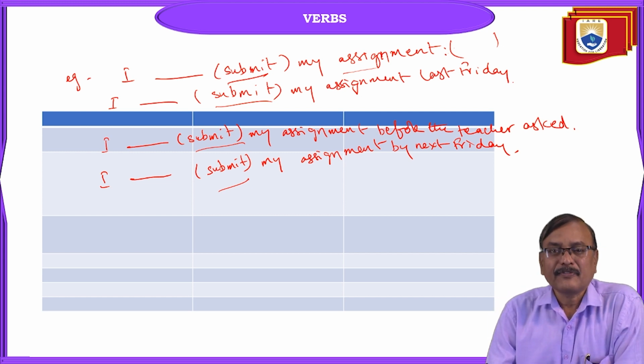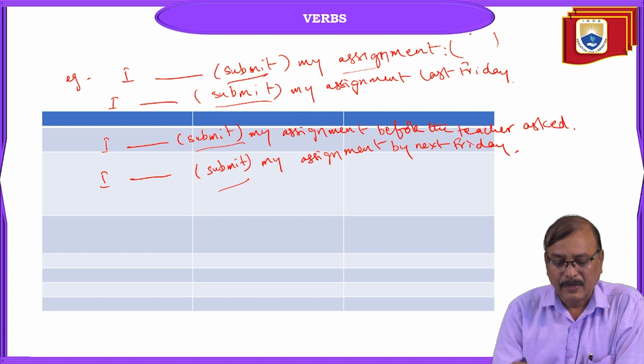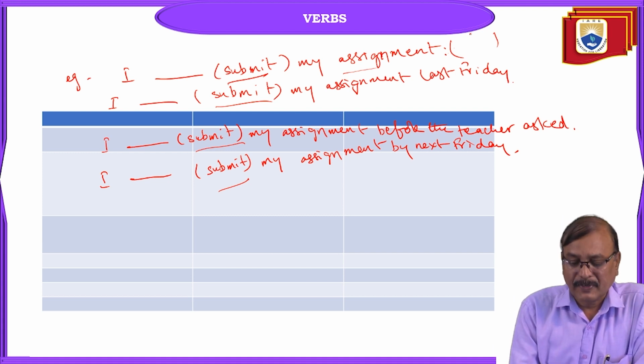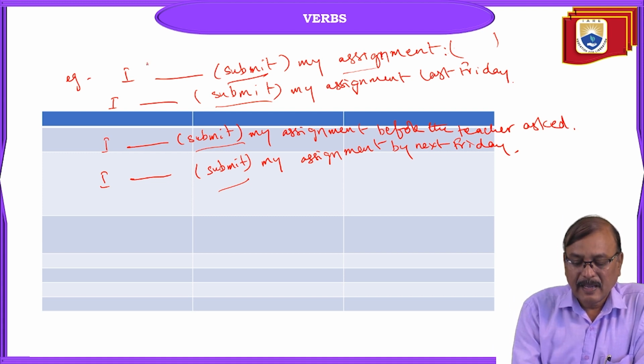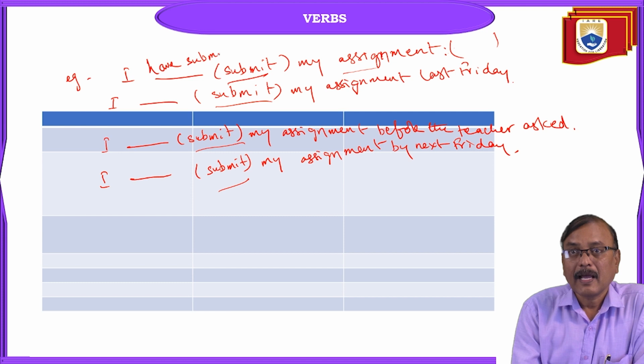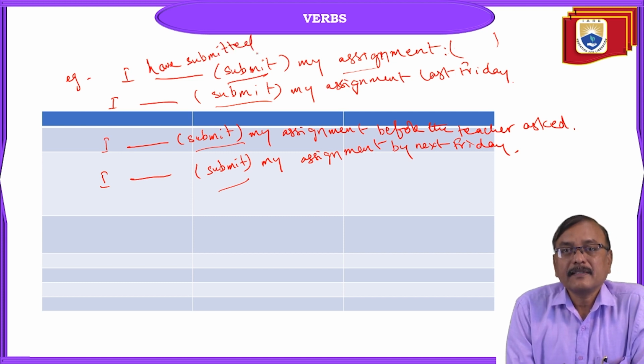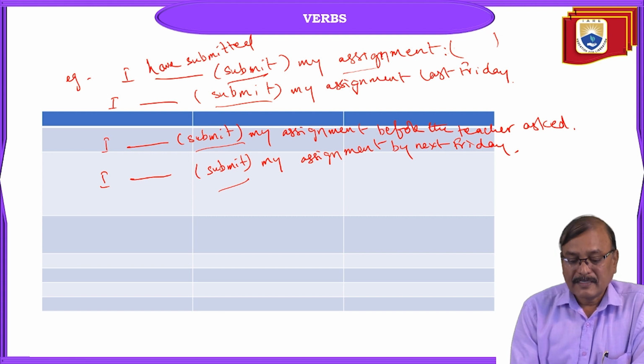So, for such completed actions whose time is not mentioned, and whose result is felt now, go with the present perfect. So here what is that? I have submitted. I have submitted my assignment. Is it clear? And second one.